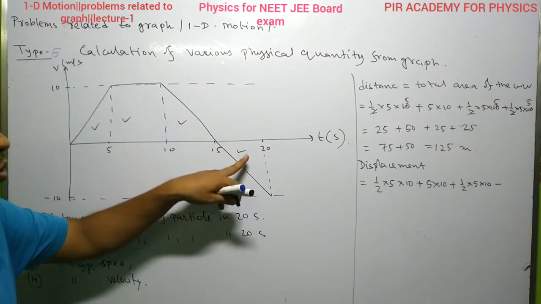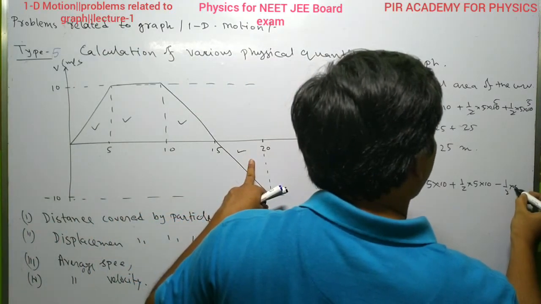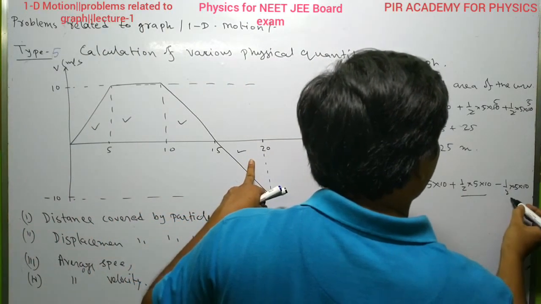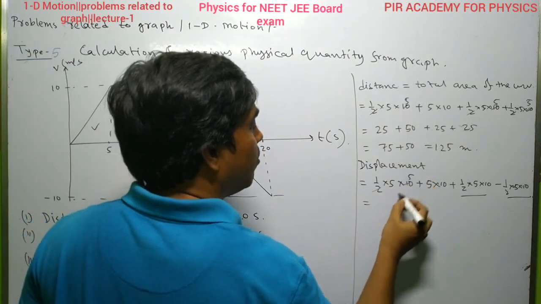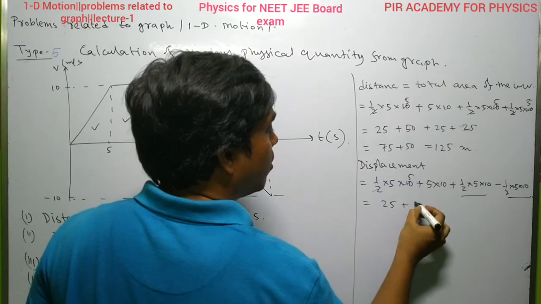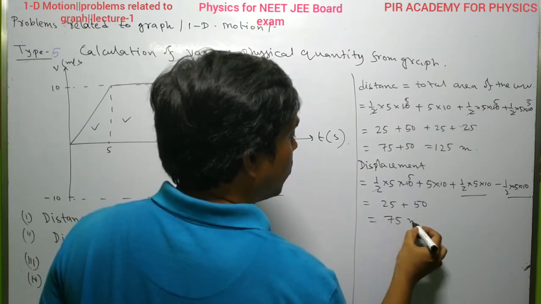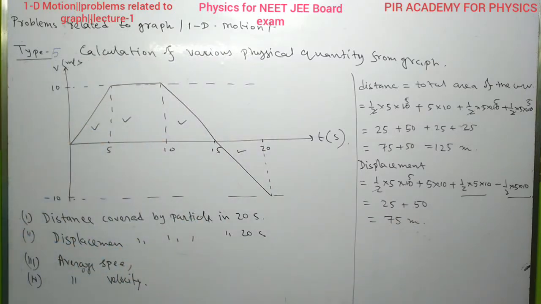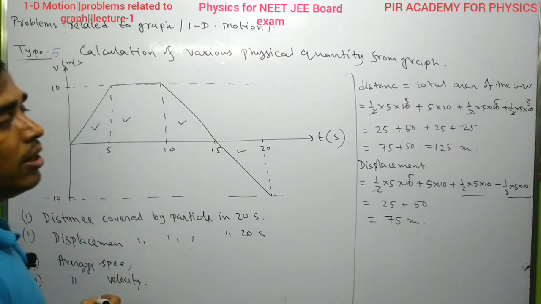So it will be half into 5 into 10, and this portion will cancel out. So it will be 25 plus 50, that means 75 meters. So displacement is 75 meters and distance is 125.